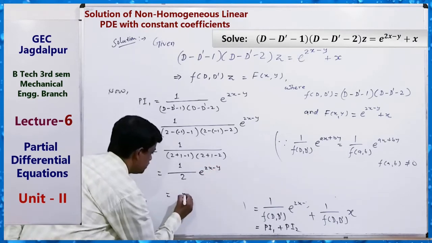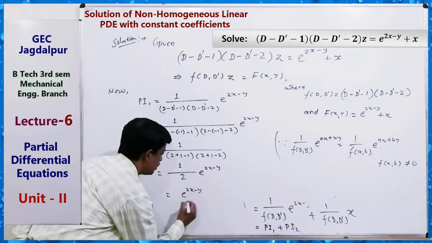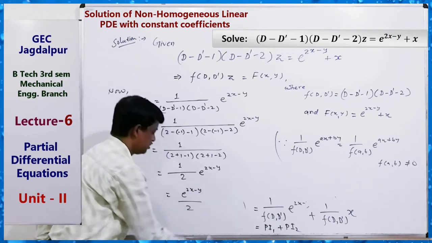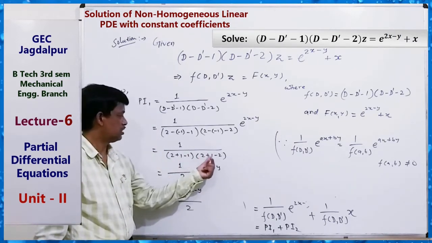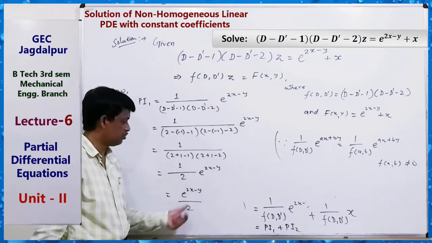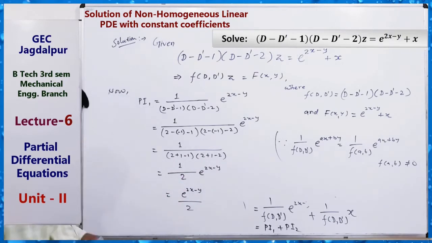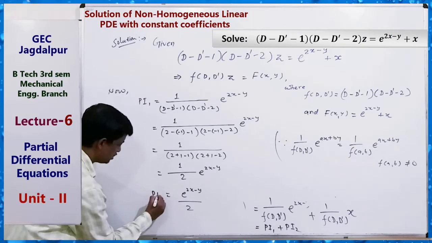So 1 upon 2 into 1, that is 1 upon 2. So the answer is e to the power 2x minus y upon 2. This is the first part. Clear? PI1 equals this.